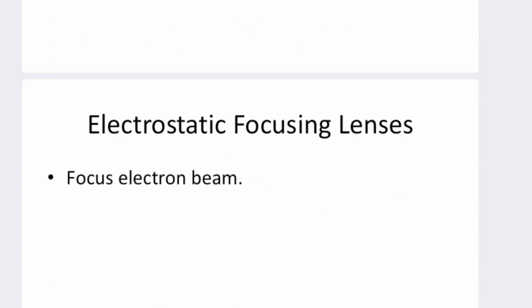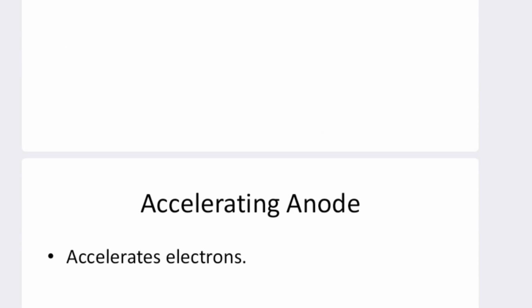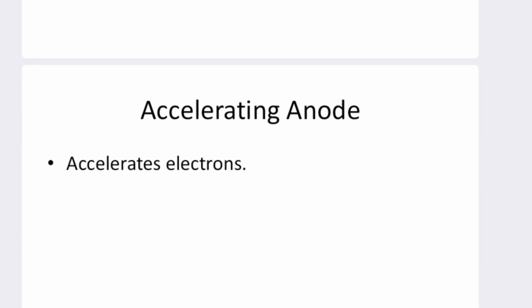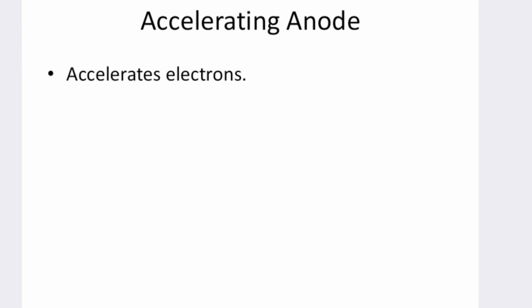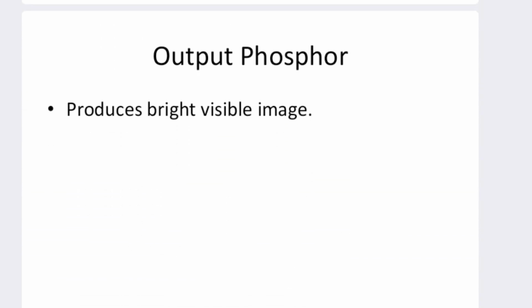The next is the electrostatic focusing lenses. They help to focus the electron beam over a particular area so that we can produce a large amount of X-rays. Next is the accelerating anode. This anode accelerates the electrons coming towards it and helps in the generation of a large X-ray output.